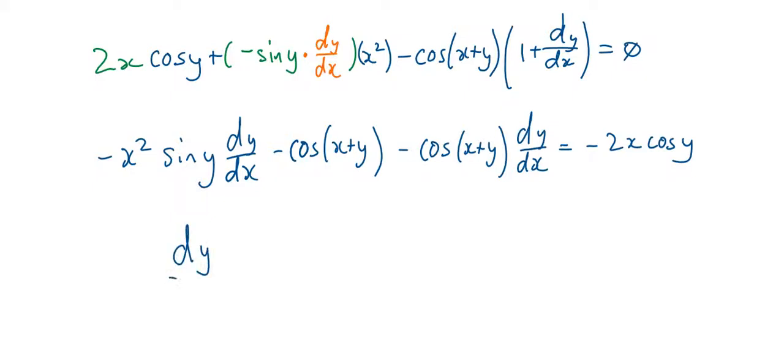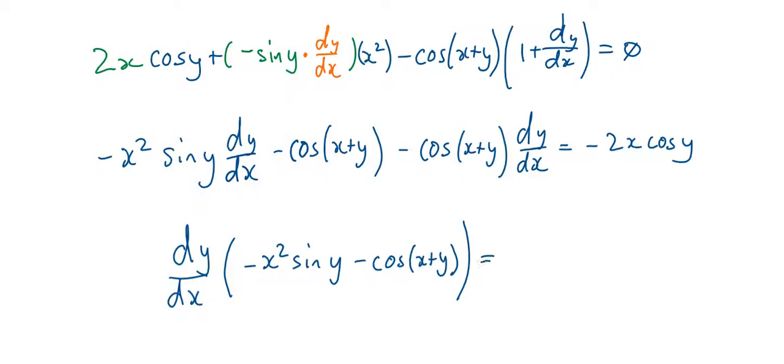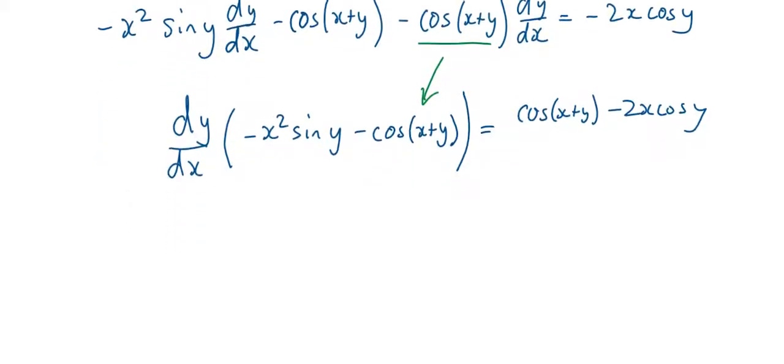So dy by dx, negative x squared sine y minus cos x plus y, equals cos x plus y minus 2x cos y. Whew. Then I just divide.